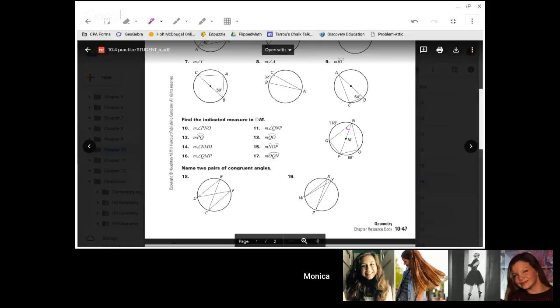If you look at this line, NMP, okay, NP, what is that line? Yeah, it's the diameter. So since we know that that's the diameter, what's the measure of this arc in QP?